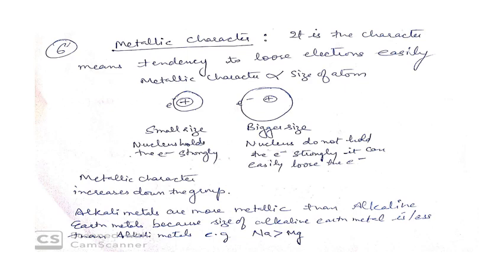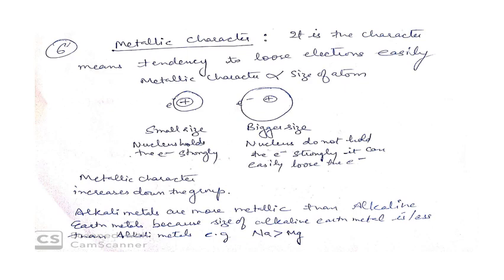Understood? In smaller size, the holding capability of the nucleus for the electron is very strong, so it does not allow the electron to go. But in bigger size, that holding capacity decreases so the electron can be easily removed. That's why it is directly proportional to the size. So metallic character increases down the group because atomic size goes on increasing.